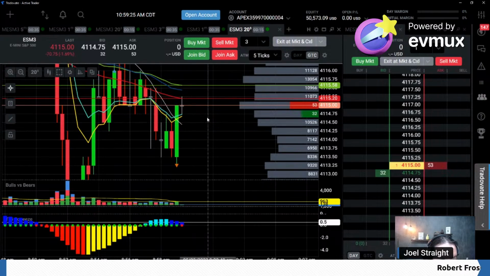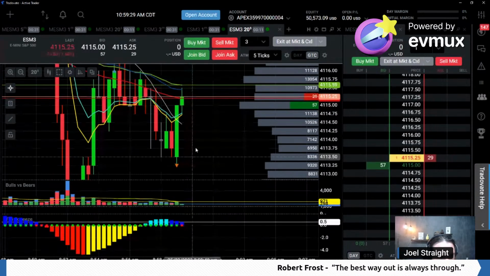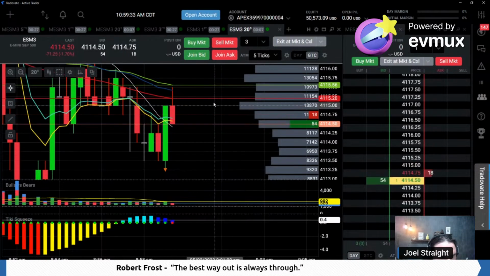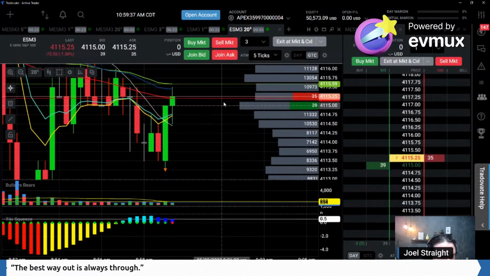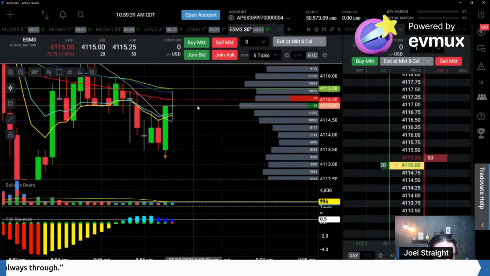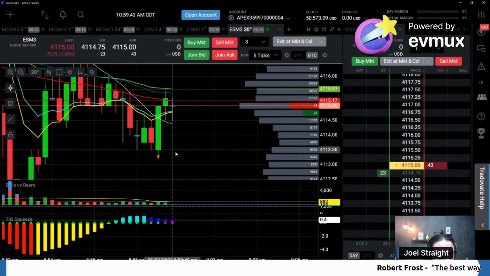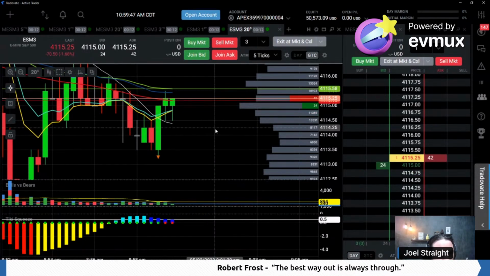For real? I straight cut that and then it just pops right back up. Cut that at the bottom too, man. So we have this 5200 cross here, but man, that's whack. I literally cut that at the bottom. They really know how to test your risk level, test your emotions.